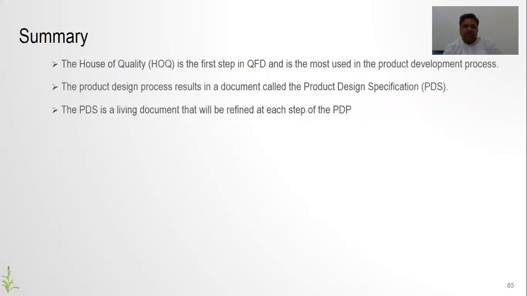The house of quality, HOQ, is the first step in QFD and is the most used in product development processes. The product design process results in a document called product design specifications. The PDS is a living document and will be refined at each step of the PDP.